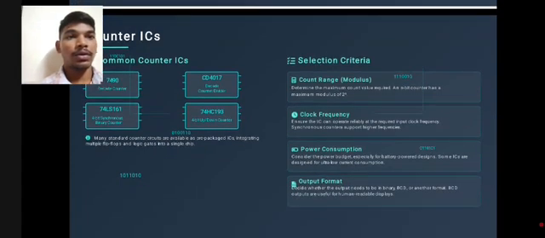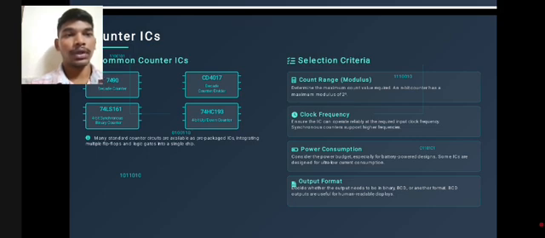Selection criteria: count range, modulus. Determine the maximum count value required; an n-bit counter has a maximum modulus of 2 power n. Clock frequency: ensure the IC can operate reliably at the required input clock frequency.